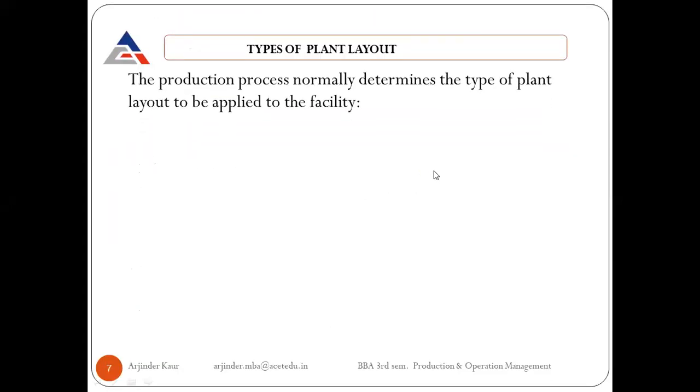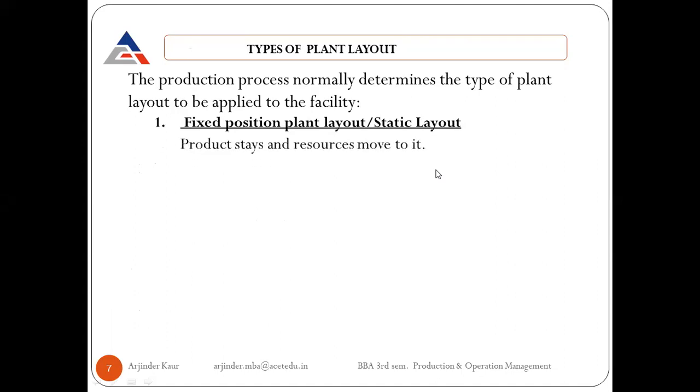So the production process normally determines the type of plant layout to be applied to the facility, and the types are fixed position plant layout. It is also called as the static layout. Herein the product stays at one place and resources are required to be moved to that location.